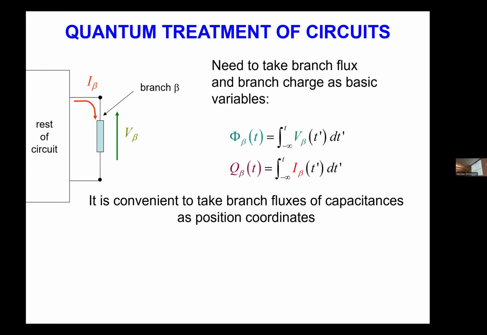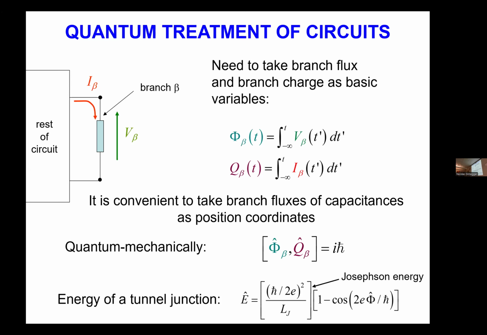We like to think of this flux as a position variable, and this charge as a momentum variable, for reasons that will become clear later. Indeed, if we take the commutator of the flux and the charge for a branch, it behaves exactly like the commutator of the position and the momentum of a particle.